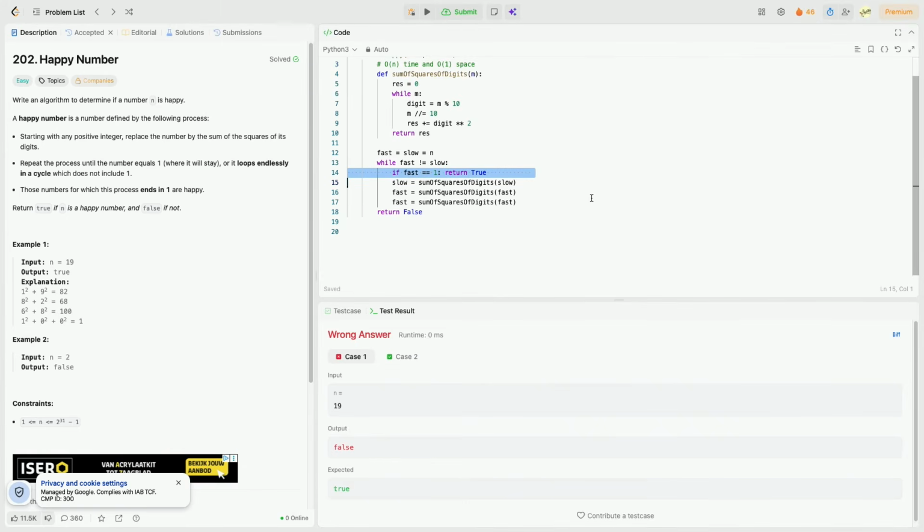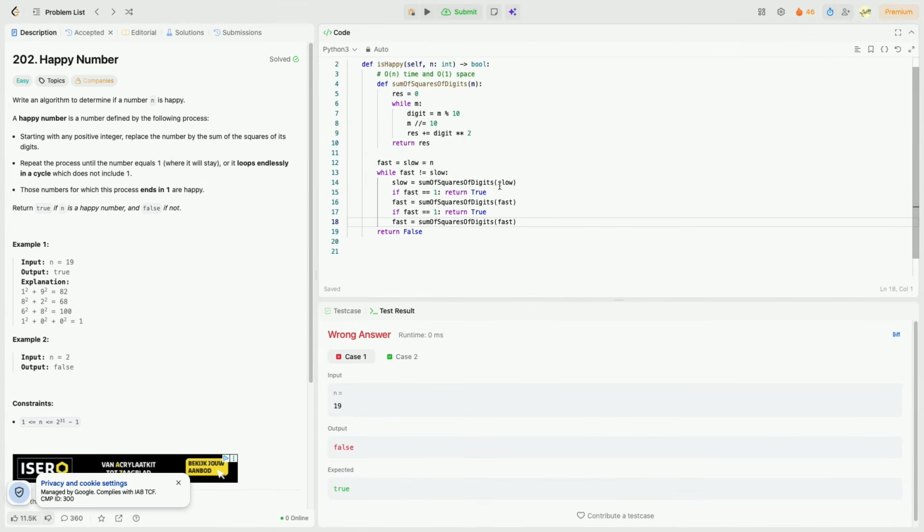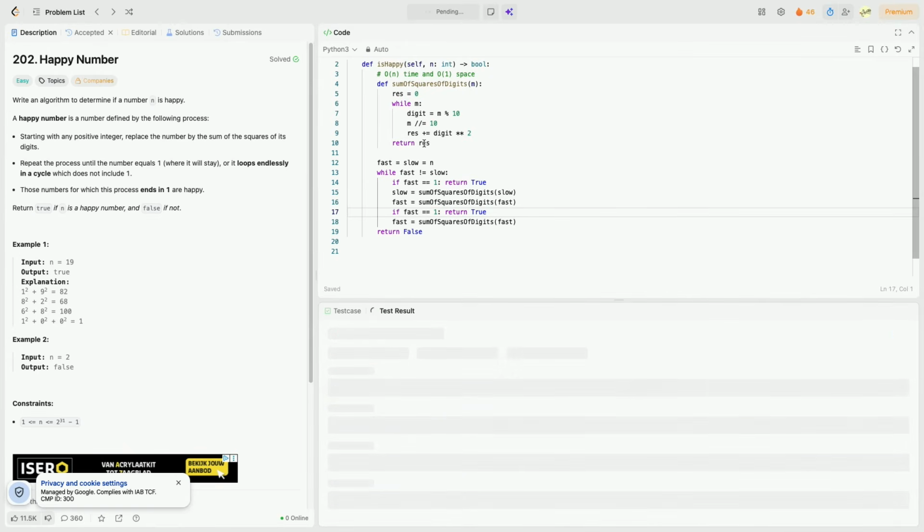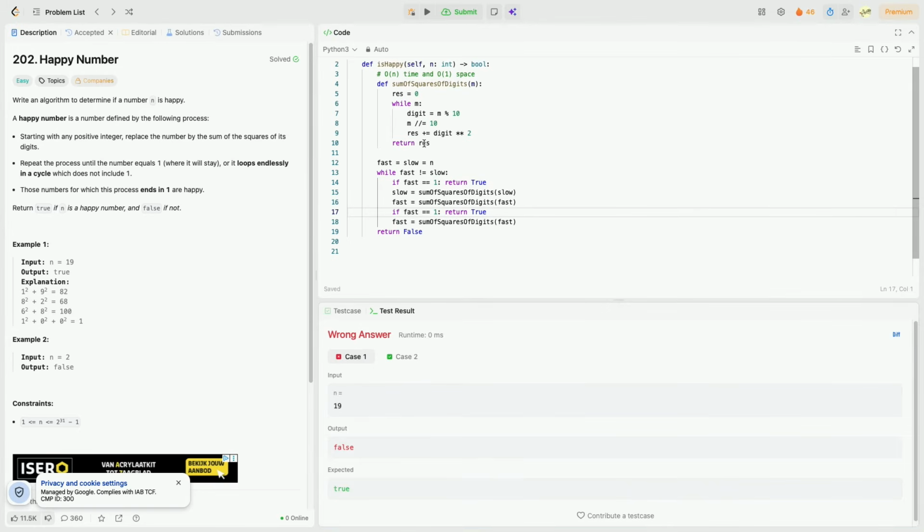So if fast, well, we need to be sure that we catch the fast pointer at the right position. So if we start at 1, we have to check now. We have to check, I believe, here and here. Let me see.